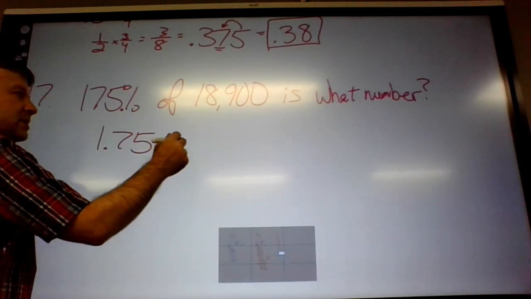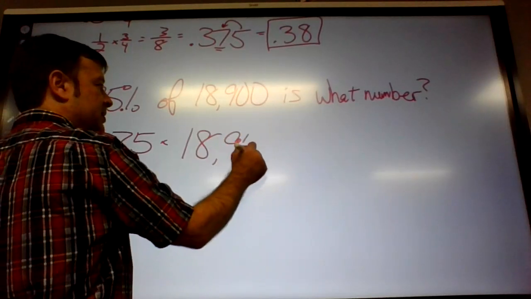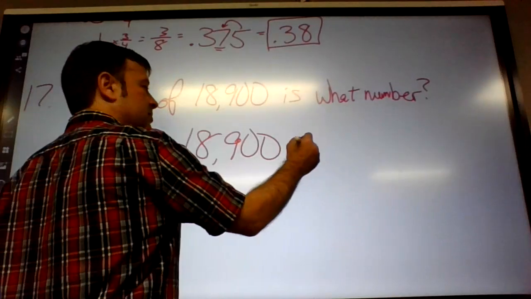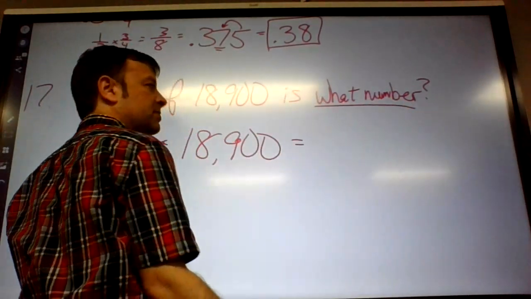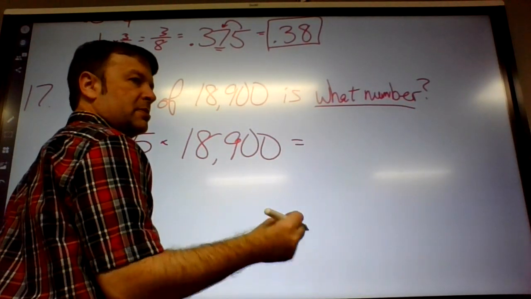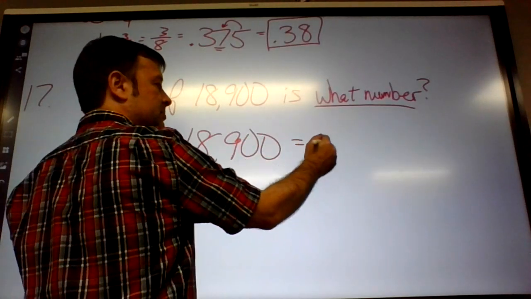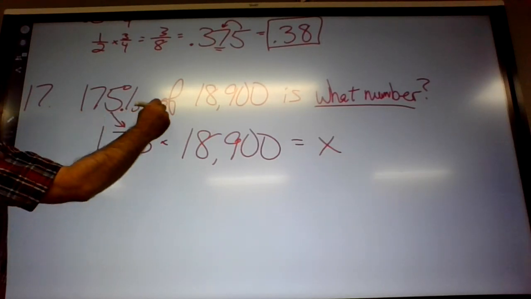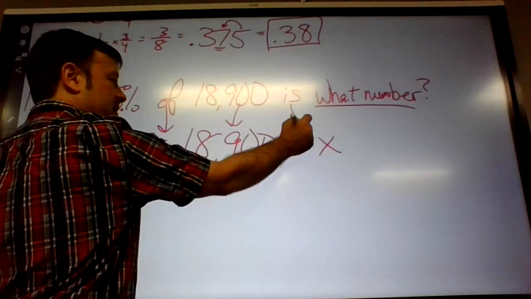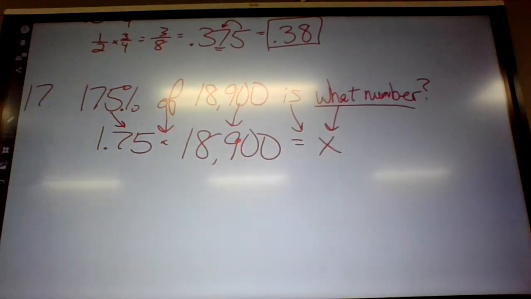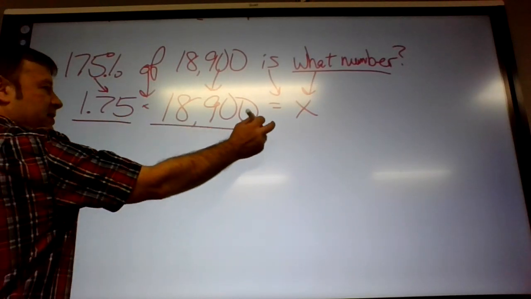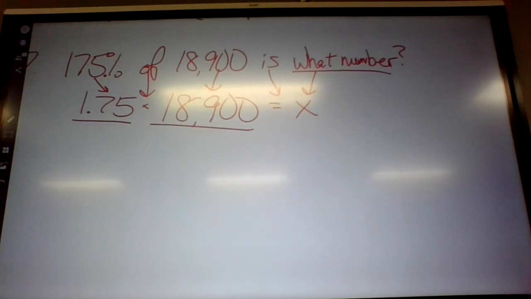Times. 18,900 stays the same. Is turns into equals, and what number turns into a variable? X, or whatever letter you like to use. Okay, do you guys get all that? So that turns into that, that stays the same, that turns into equals, that's the variable. Okay, and then what would we do to solve this? Yeah, that times that equals our answer. So just multiply those together.